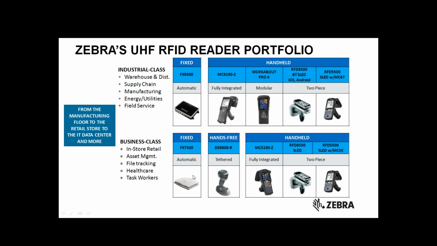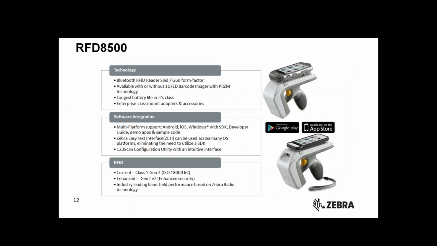Again, this is a fixed reader. We also have the hands-free scanner, the DS9808, which has the RFID boot at the bottom, and then the different handheld devices, which can be used for mobile data scanning as well.